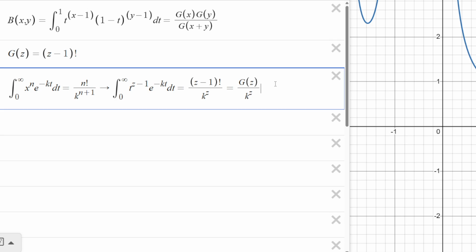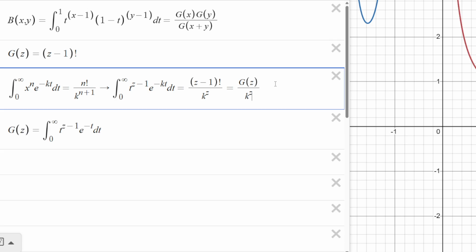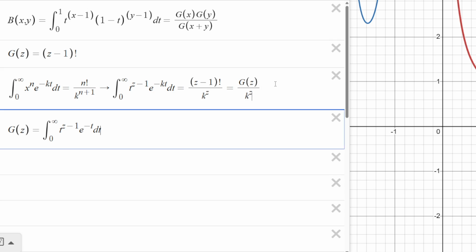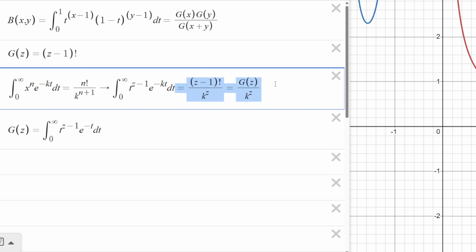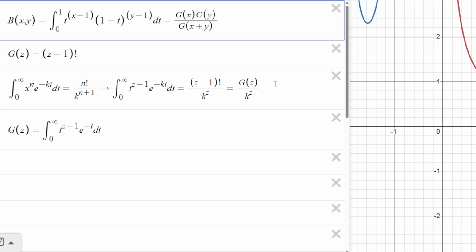Okay, so next. Again, now we're really just defining gamma of z. And all I did was take this and set k equal to 1. So this is gamma of z. And don't forget, what we're trying to prove is this. This is the beta function in terms of x and y.